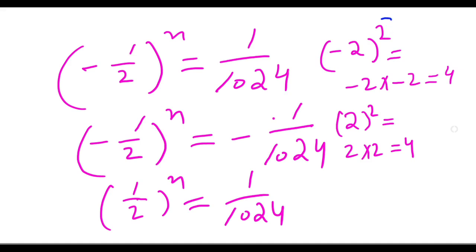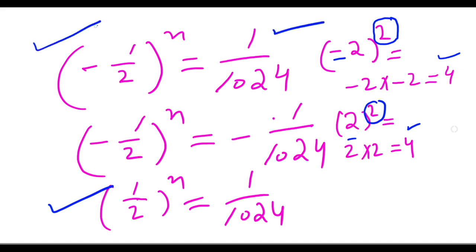As long as the exponent is even, the base can be negative or positive, it doesn't matter, the answer is going to be positive. One side is positive, the other side is negative. Right hand side is positive, left hand side is negative. This means n must be an even integer, so then I can apply this logic.